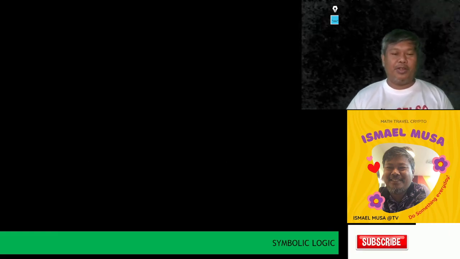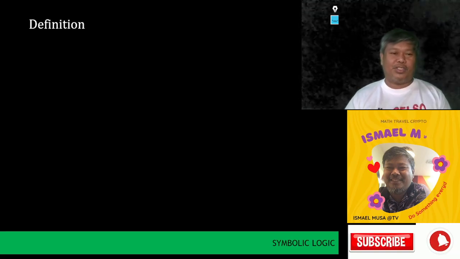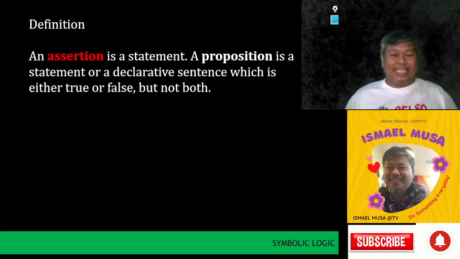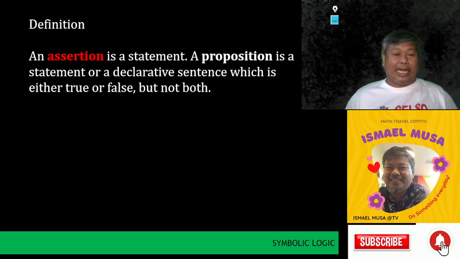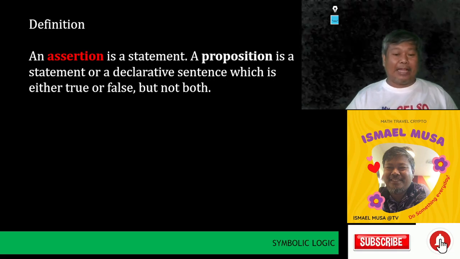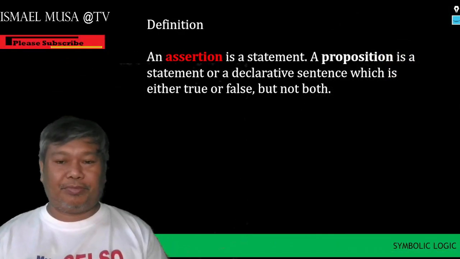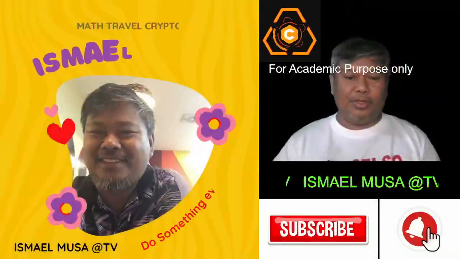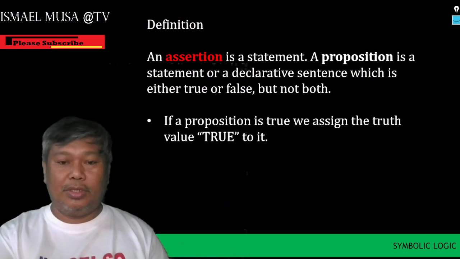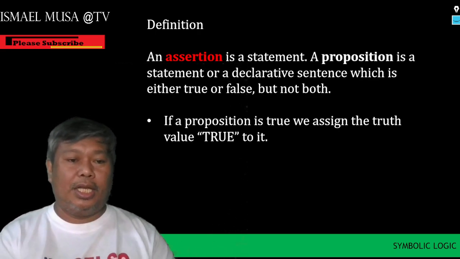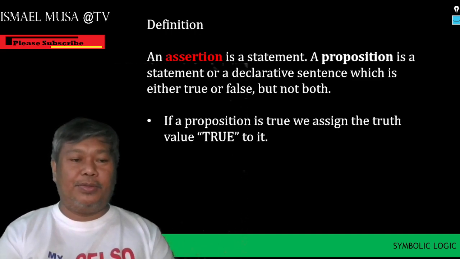Before going further, let's have some definition of terms. An assertion is a statement. A proposition is a statement or declarative sentence which is true or false, but not both. So take note of that, class. Now, a proposition is true when we assign the truth value true.